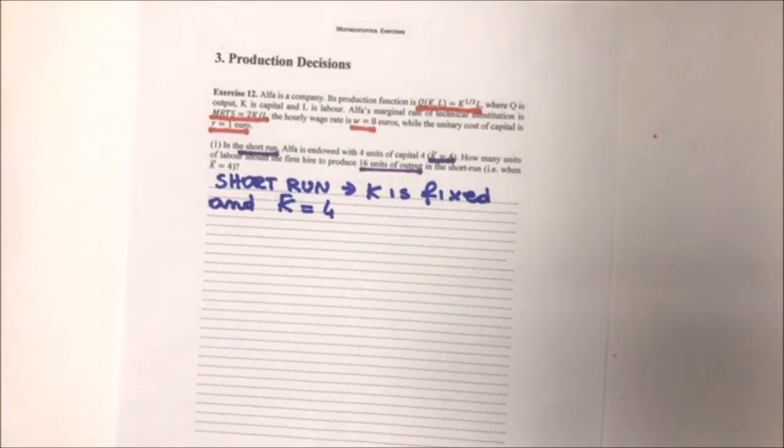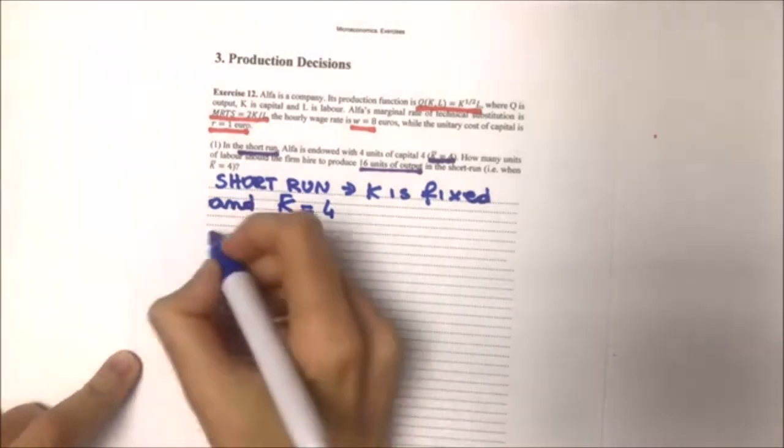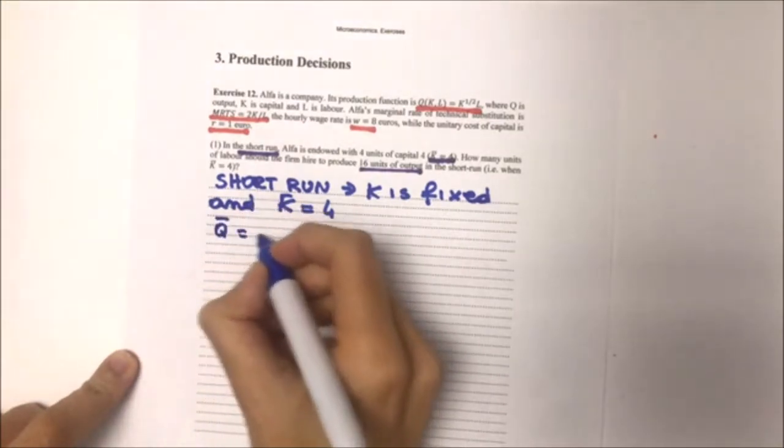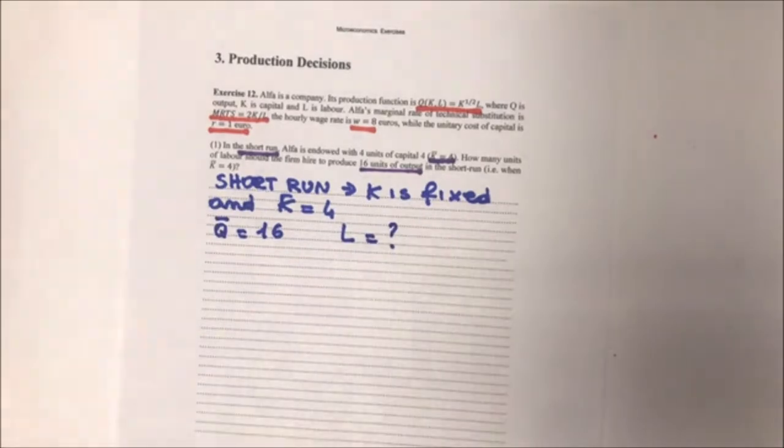We need to find how many units of labor the firm should use to produce a target Q equal to 16. So the question is how much L? K is 4 for sure, but you tell me how many workers you need to achieve this goal. That's the point.